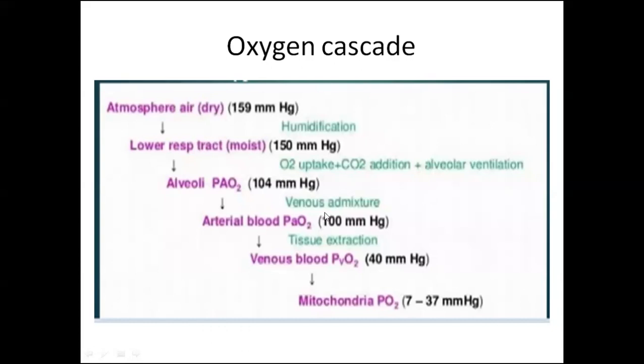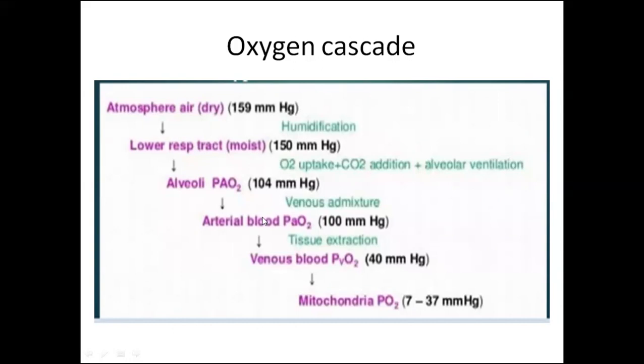Yeah, it's mainly a problem with diffusion, because your alveoli are filled with O2, but it is not crossing over to the arterial blood. If alveolar PAO2 itself is like 60, and arterial PaO2 is also 60, what is the problem here? Ventilation. Exactly. So it is a problem with the ventilation.